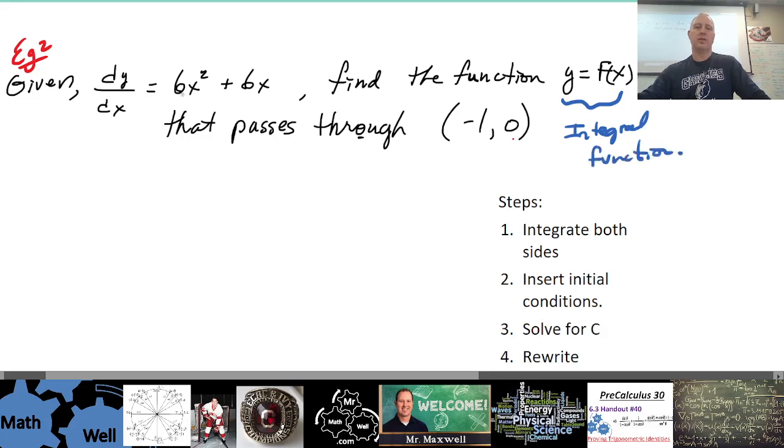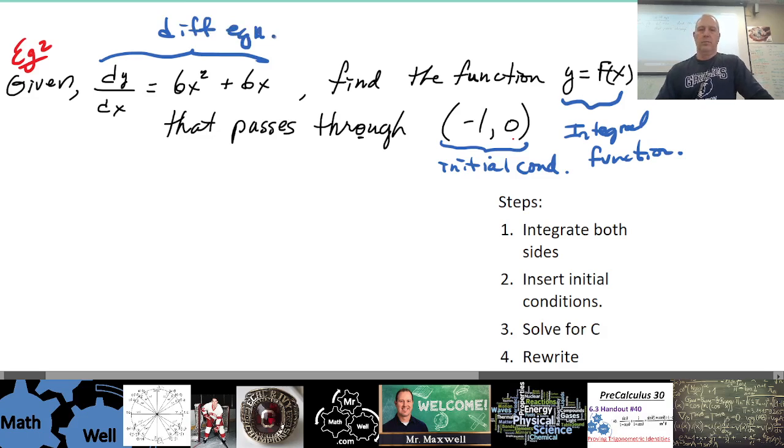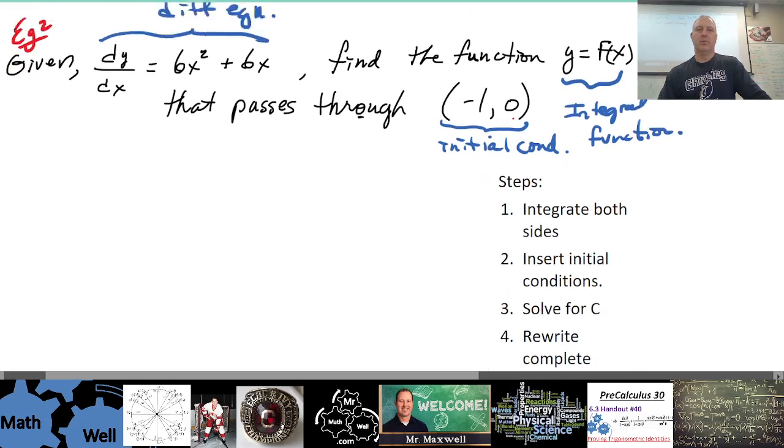From the antiderivative, we're going to take antiderivatives here. That passes through -1, 0, so these are initial conditions. And this, of course, is your differential equation. All right, so we understand the setup of the question here, hopefully.